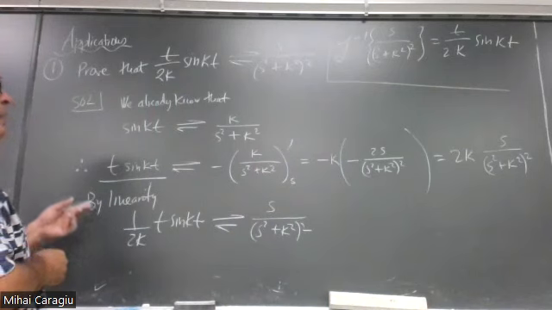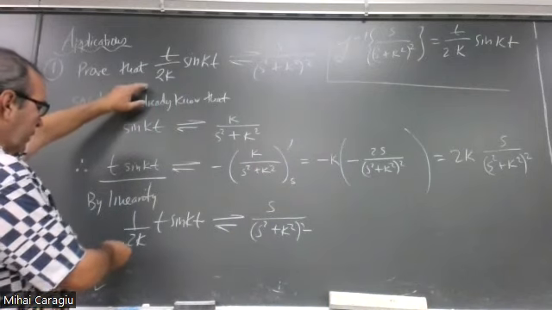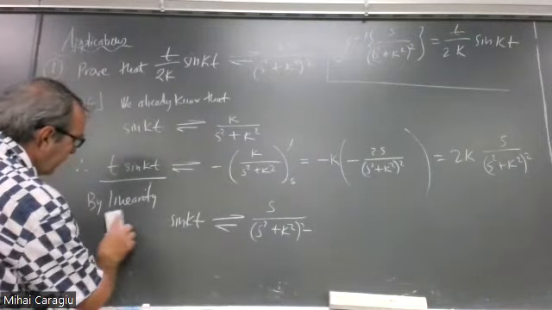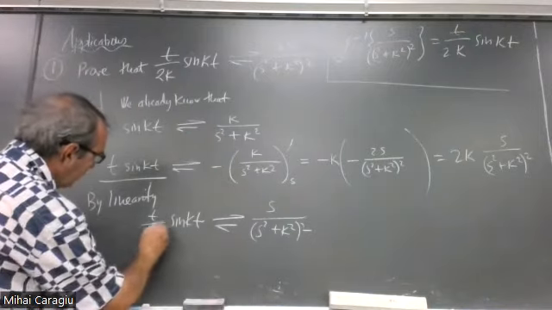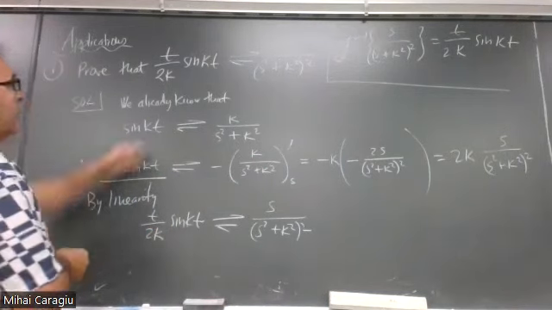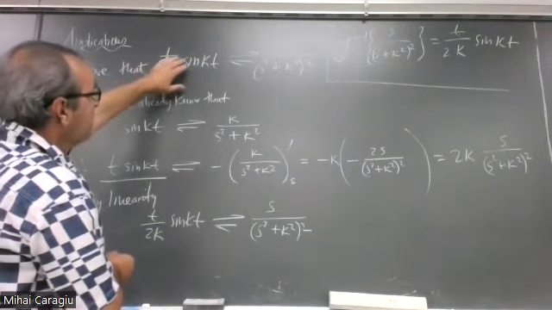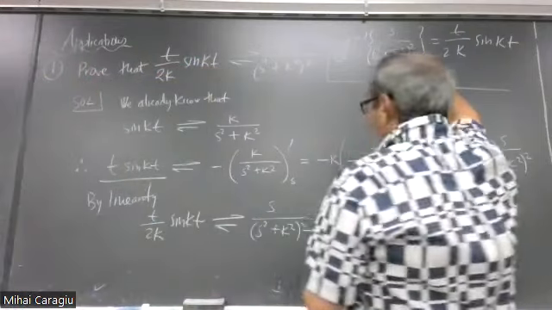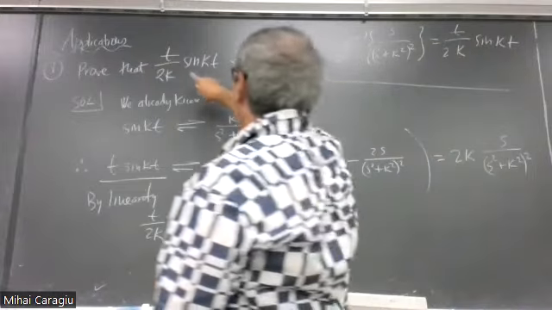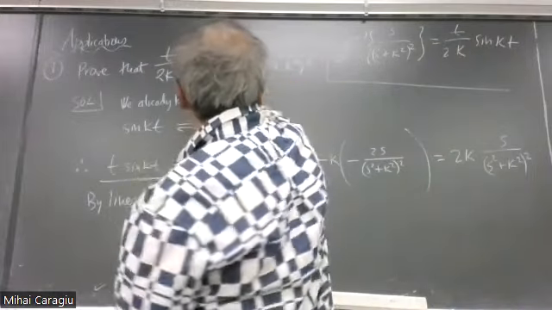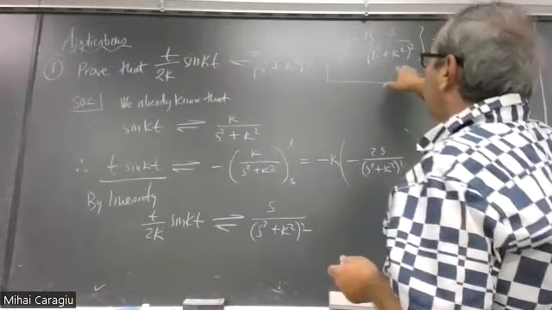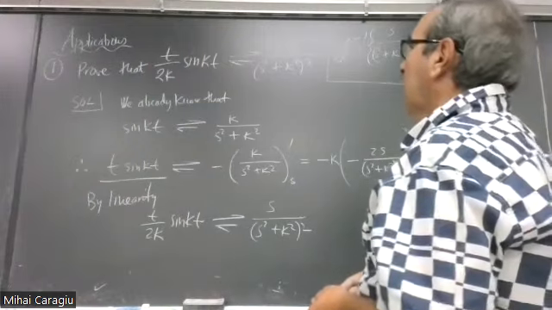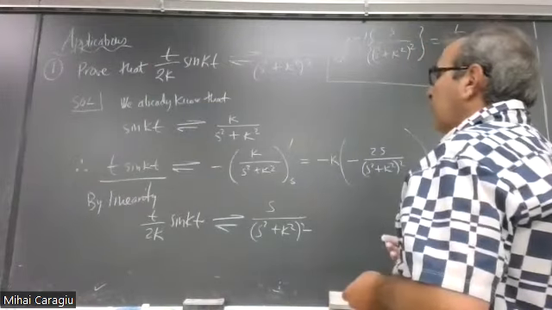Or, to be more compact, t over 2k sine kt transforms into exactly what you wanted, s over s squared plus k squared, squared. Implicitly, the inverse transform of s over s squared plus k squared, squared is t over 2k sine kt. So we got one of those two important formulas.